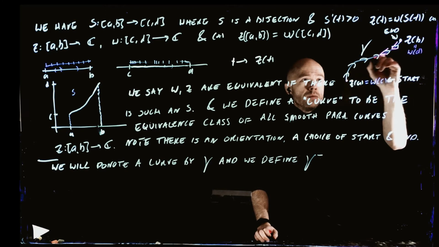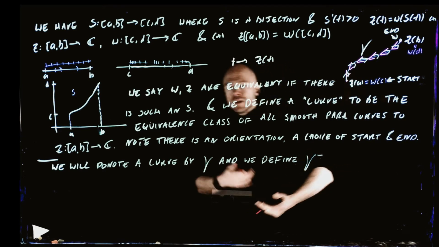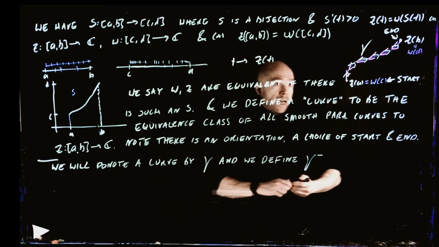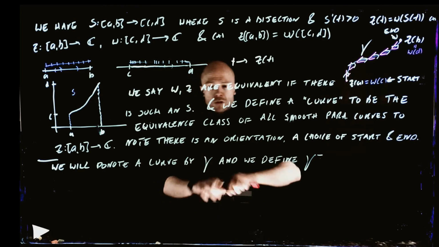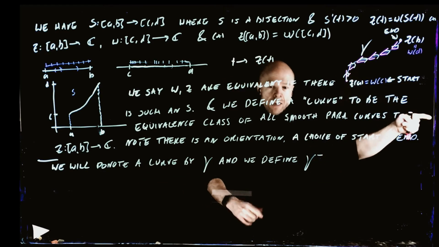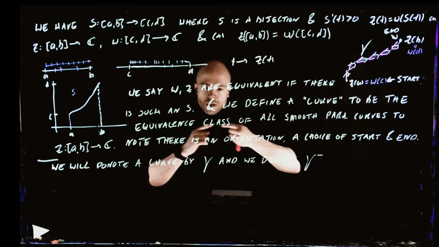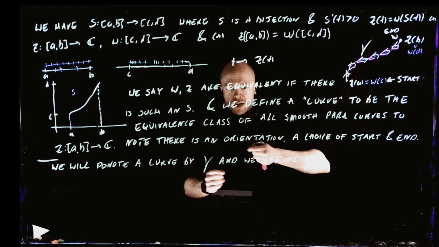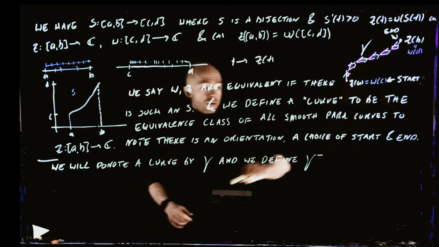And this obviously is important when we do calculus because, as I said, the point of doing this is to allow us to do the fundamental theorem of calculus in the complex plane, and we obviously have to make a choice of start and end. And on the real line, it's trivial. The lesser number's the start, the bigger number's the end. In the complex plane, there's no obvious choice. It's implicit in the curve, right? So when we have a curve, we have to make the choice of what is the start and the end. And sometimes we want to go the opposite way, right? So we'll define it like this.